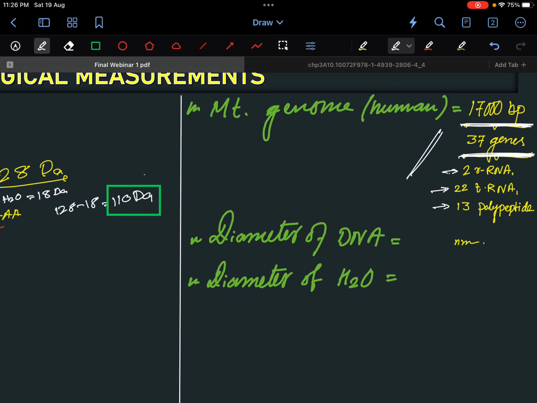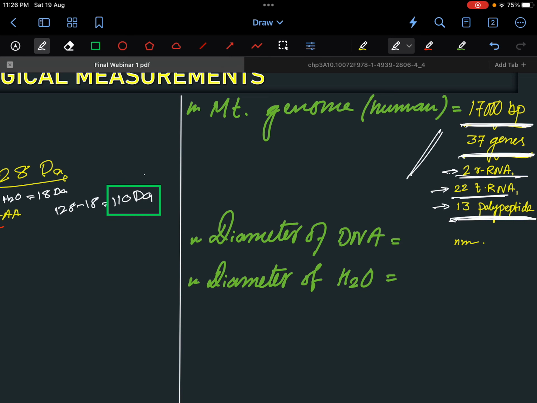What is the number of base pairs? 16,900 something, so approximately 17,000 base pairs. This is also important. Sometimes in many competitive exams, it will be asked how many polypeptides, tRNAs or rRNAs the mitochondrial genome of human codes for. 37 genes, 2 rRNAs, 22 tRNAs, and 13 polypeptides.